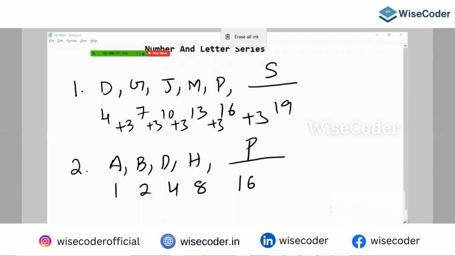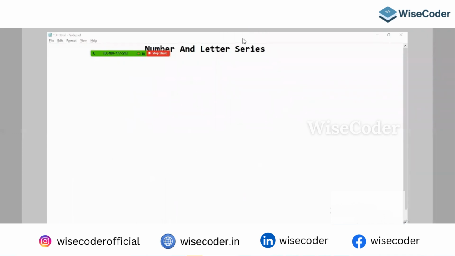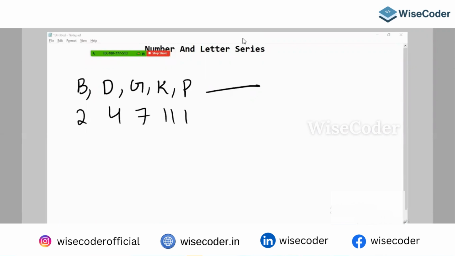Let's look at the next series: B, D, G, K, P. First, check the series: 2, 4, 7, 11, 16.